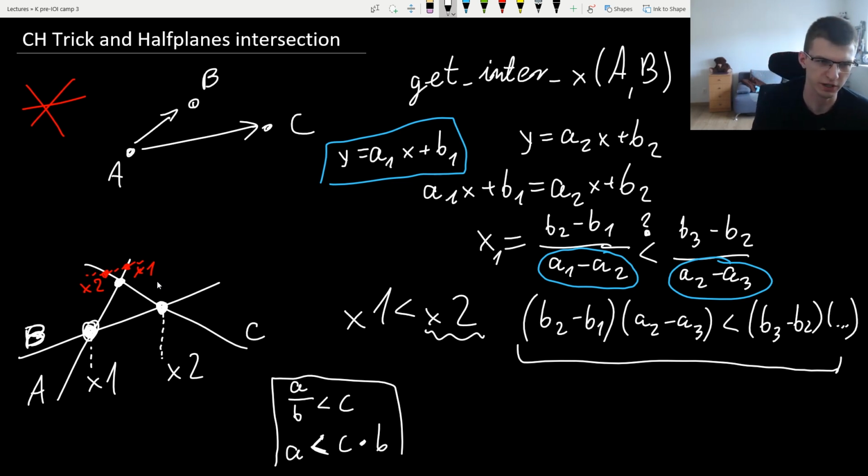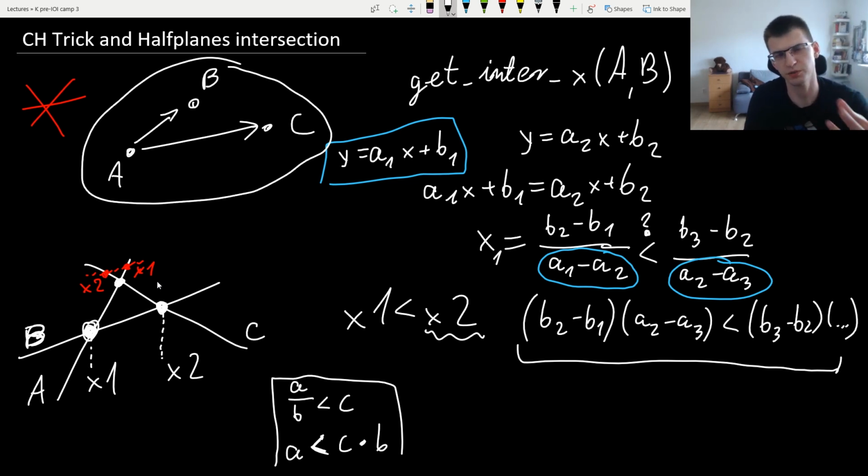But here, when we have 2 dimensions, checking the cross product of vectors AB and CA is exactly computing the determinant of some 2 by 2 matrix, because cross product is the determinant of such a matrix. So there is some similarity between this case and the harder one with half planes.